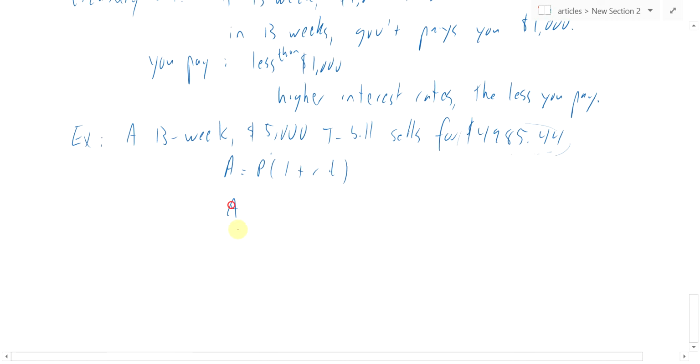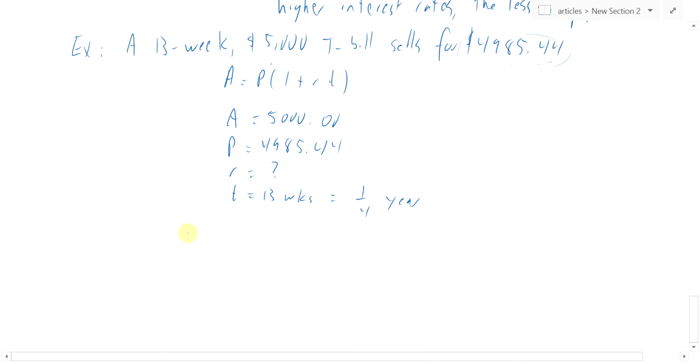Well, you're loaning the government this much money, $4,985.44, and they say, well, we'll pay you back with interest in 13 weeks, a flat $5,000. And how long does it take? 13 weeks, which is 1/4 of a year. And so what's the interest rate that you're getting? If you can get a better interest rate somewhere else, you don't buy the T-bill. You go someplace else.